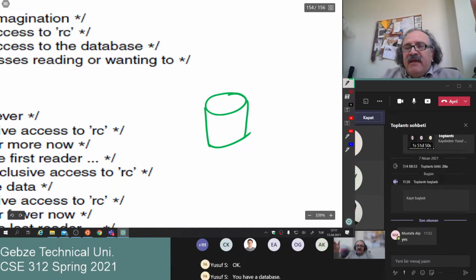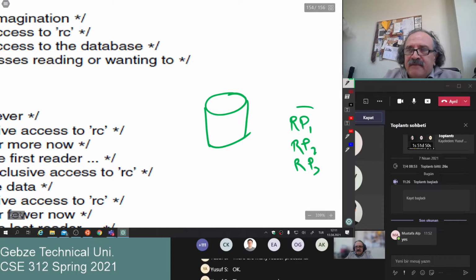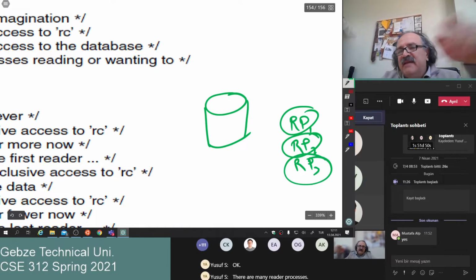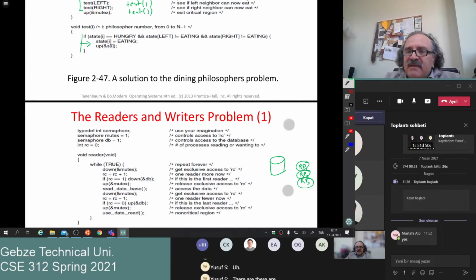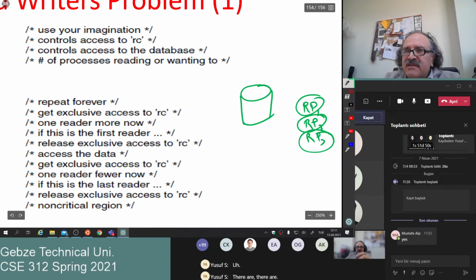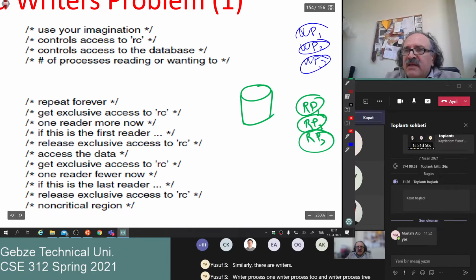There are many reader processes that will read this database. Similarly, there are writers: writer process 1, writer process 2, and writer process 3. They are all sharing the same database.